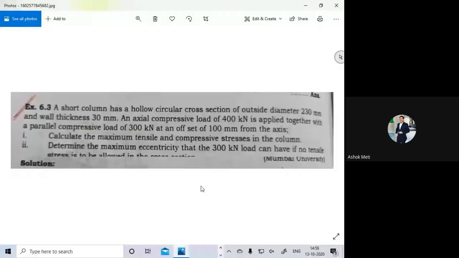So here this is a numerical. Are you getting this screen, is it visible to everyone? Yes, the screen is visible to everyone.